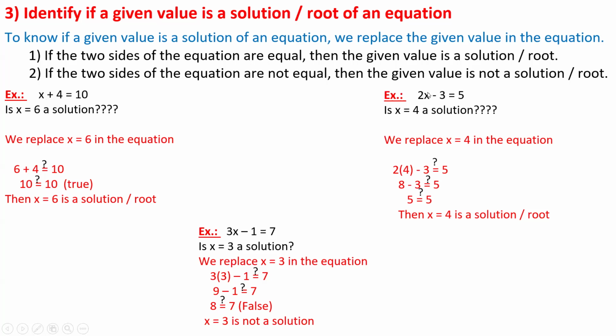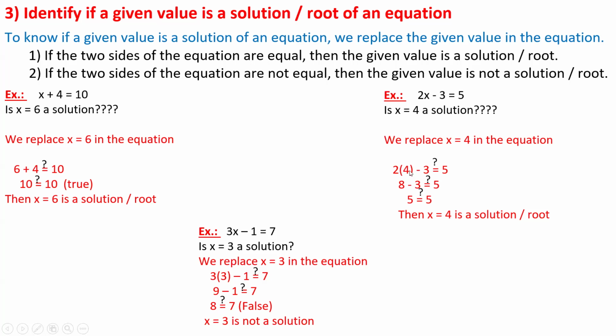Another example, 2x minus 3 equal 5. This is the equation. I'm asking, is x equal 4 a solution? We replace x in the equation by 4. Since x has a coefficient 2, when I replace x, I write its value between parentheses, since the number will be multiplied by 2, because 2x means 2 times x.